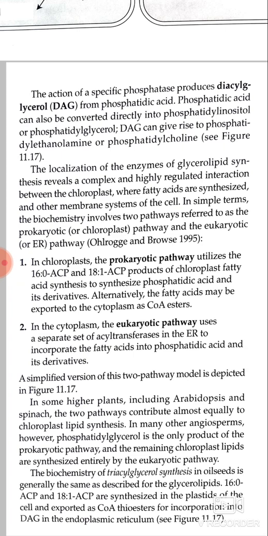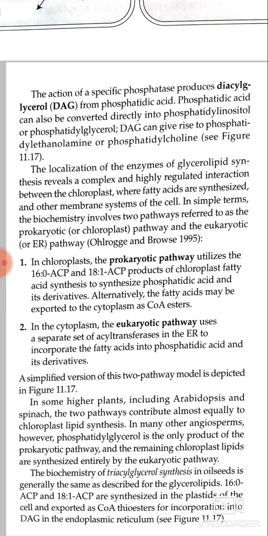In the chloroplast, the prokaryotic pathway utilizes the 16:0 and 18:1 ACP products of chloroplast fatty acid synthesis to synthesize phosphatidic acid and its derivatives.